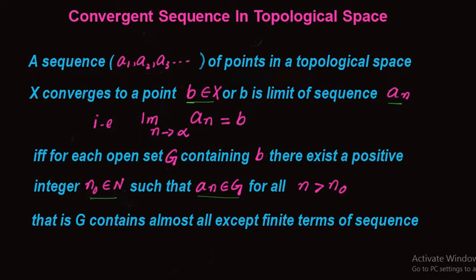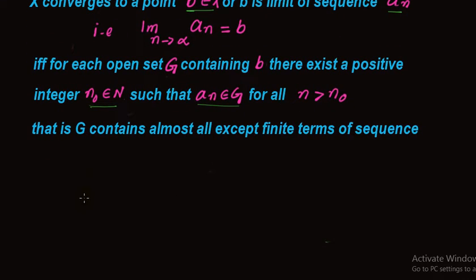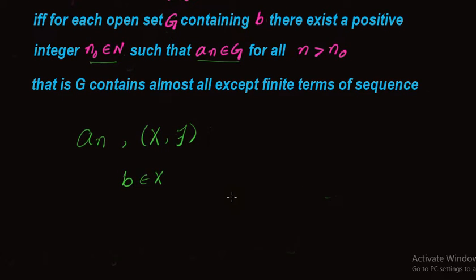Now this definition states that if we have a sequence an in a topological space (X, star), a point b belongs to X is the limit of this sequence an if every open set G containing this point b contains infinitely many points of this sequence.